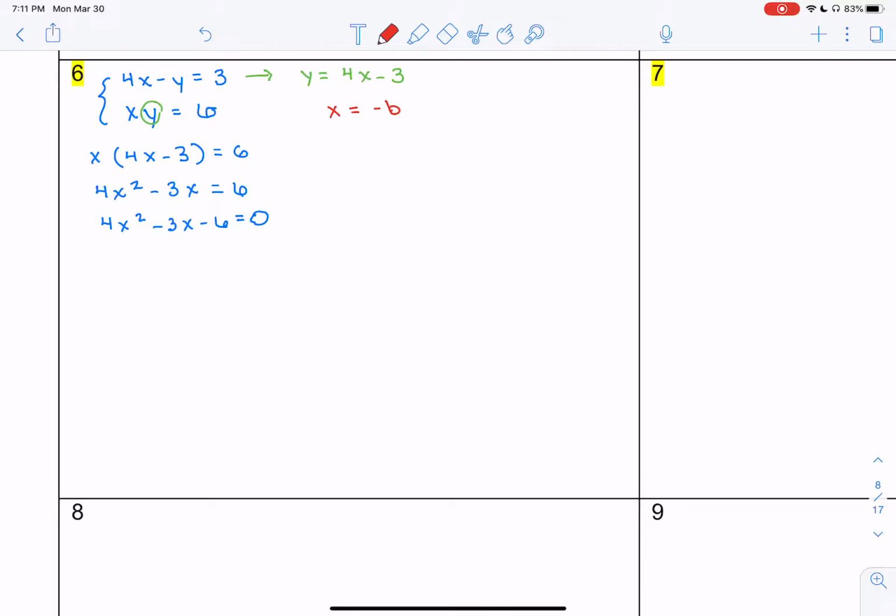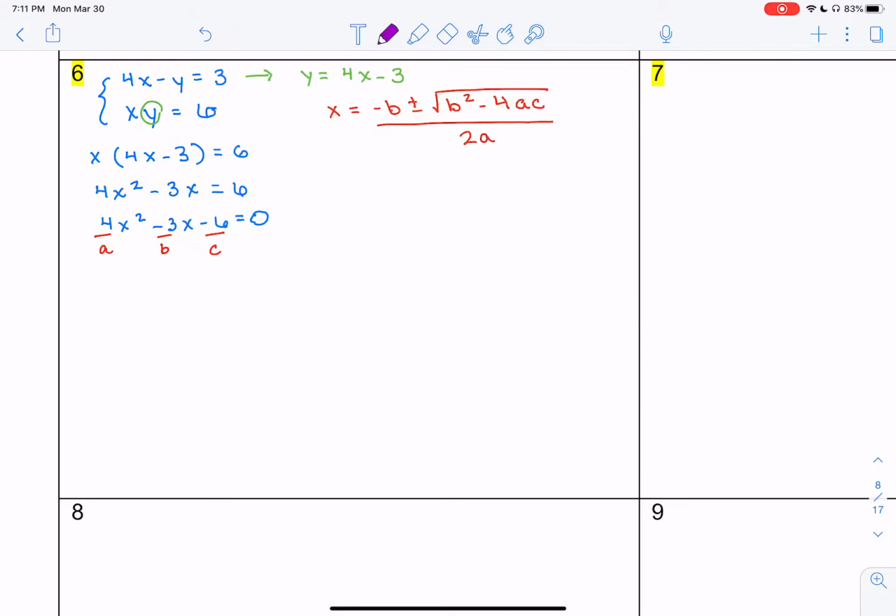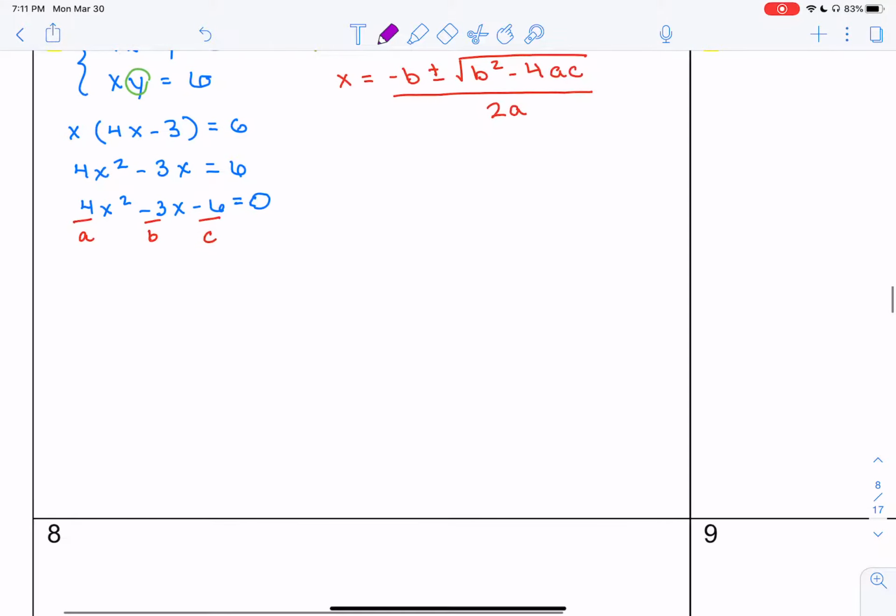x equals negative b plus or minus the square root of b squared minus 4ac, all of that over 2a. Okay, so focusing on my a value, my b value, and my c value for this equation. And now I'm going to go back and solve for x using the quadratic equation.